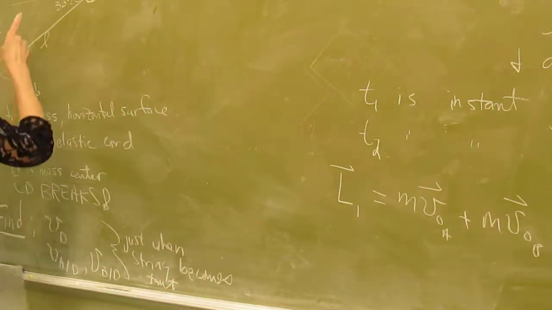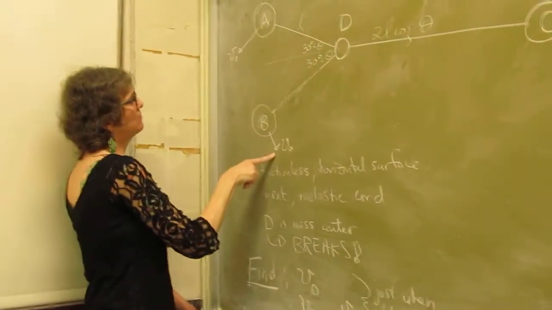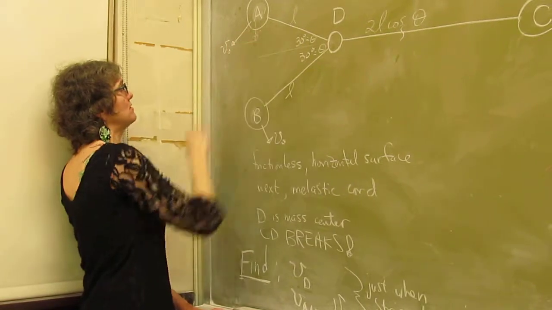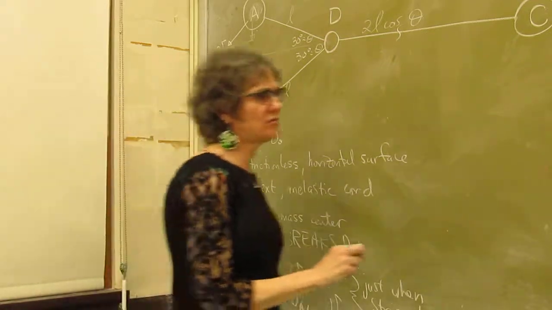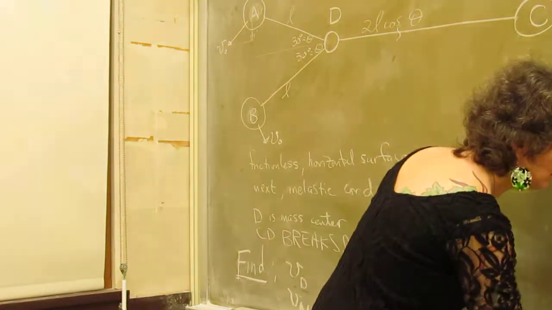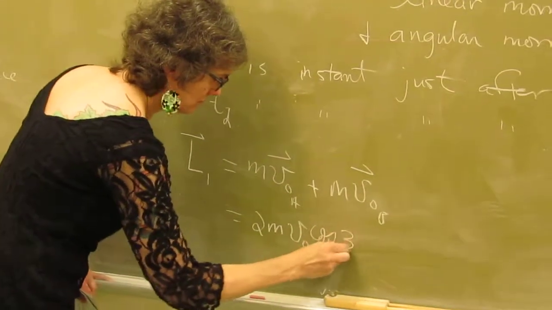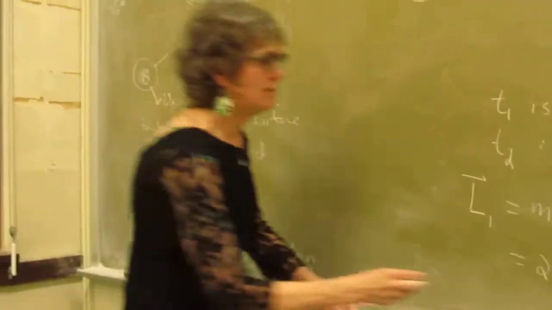Notice though that the x component here is going to cancel out the x component here. And the y components are going to be the same, so it's just going to be 2 times the y component. So it's going to be 2m v0 cosine.